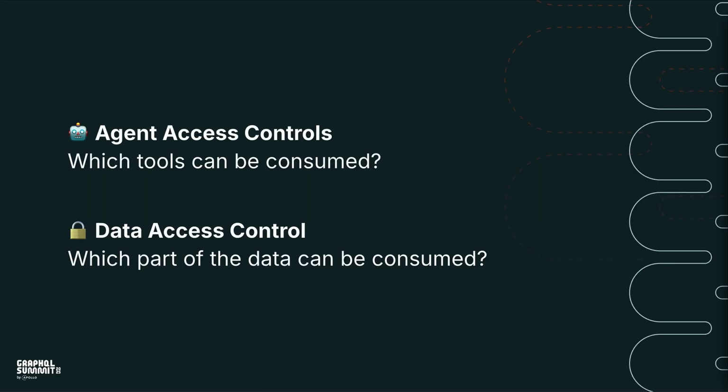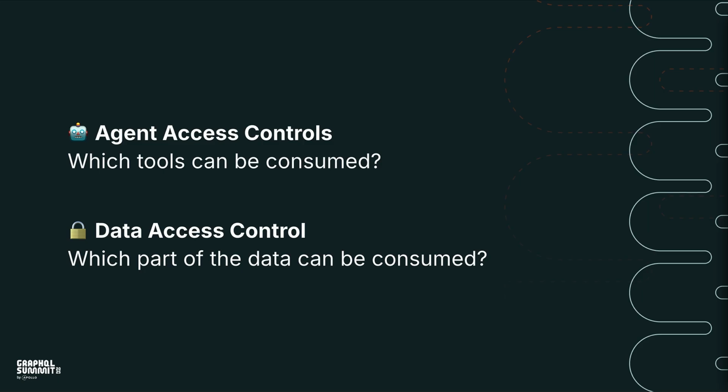The last bit to discuss to make the graph agent ready is security. There are two aspects in the agentic security area that we see as important: agent access controls and data level access controls. Agent access controls has two aspects: how much responsibility users would allow the agents to take on actions on their behalf, and which data sources agents can access.